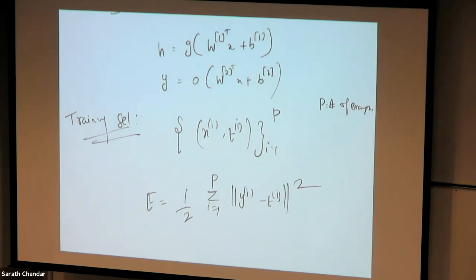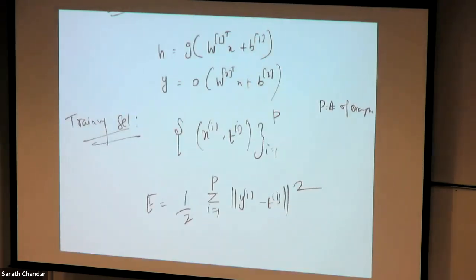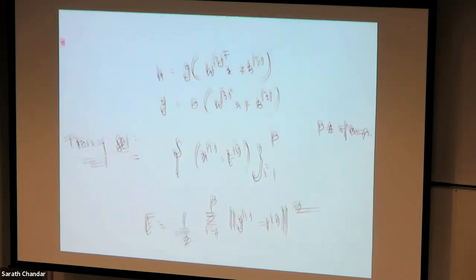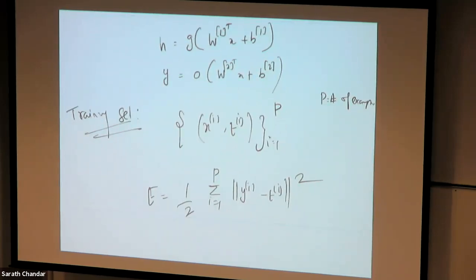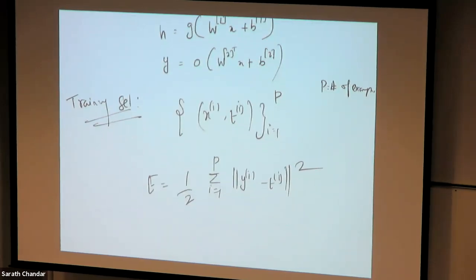Let me take this whole thing to the next page. Now let us do, for example, the gradient for W2 to begin with. So what would be dou E by dou W2?